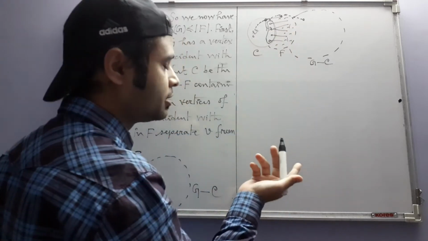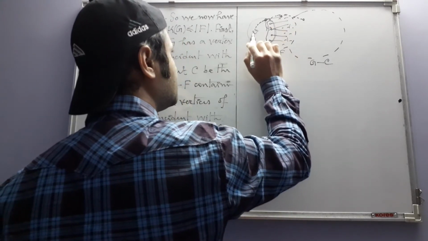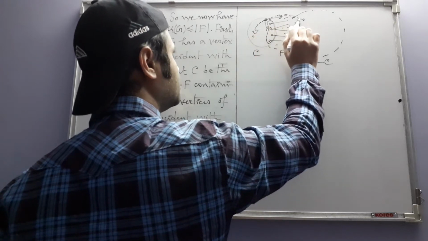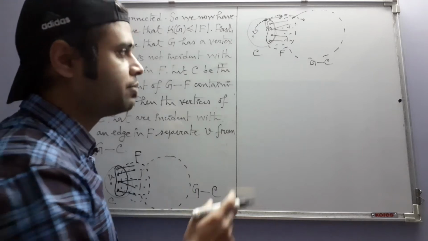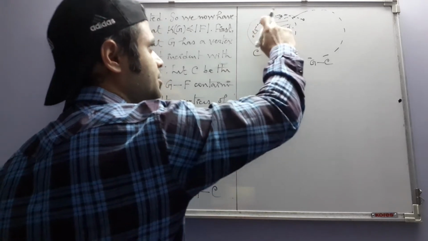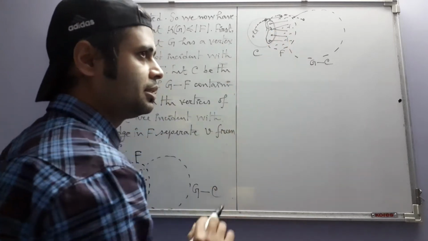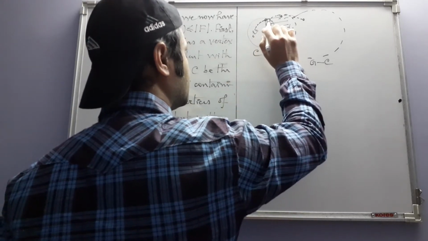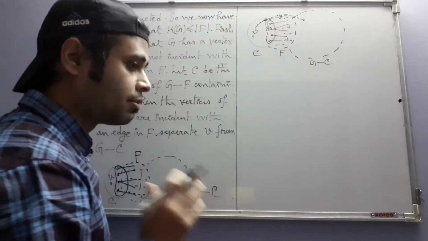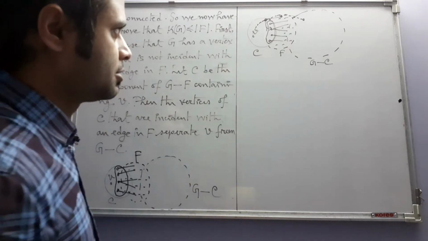And that is a contradiction, because we are treating this path as one which survives after removing these vertices. So that sort of vertex should not be there. So no such connection actually survives after removing these vertices.